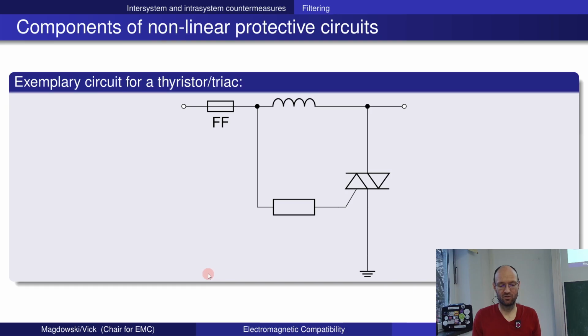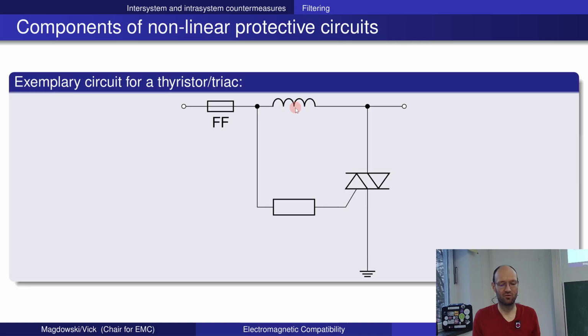And then the circuit would look like this. You have a fast fuse. You have some inductor, to limit high frequency components. If you have a fast disturbance, this is like a low pass filter.